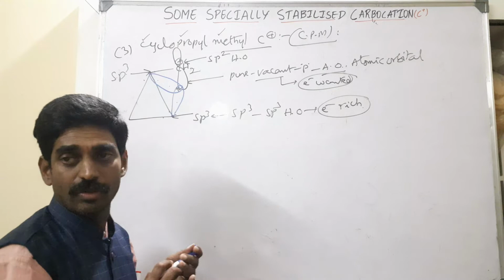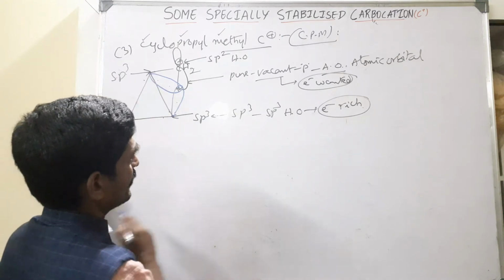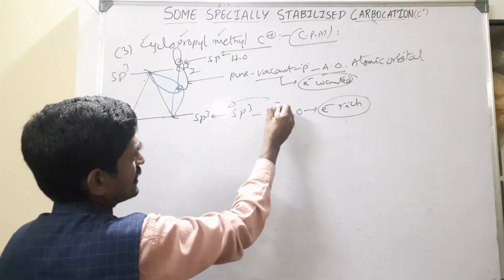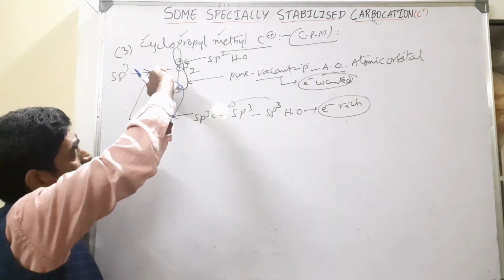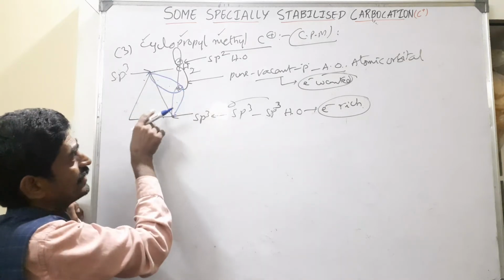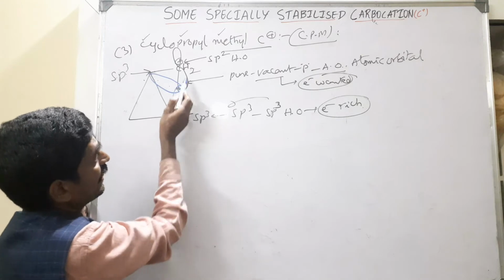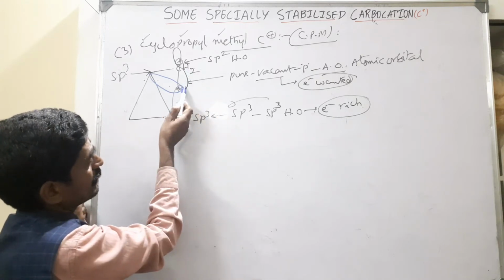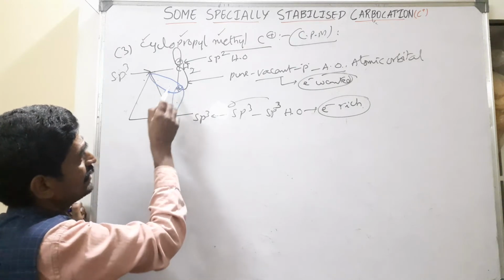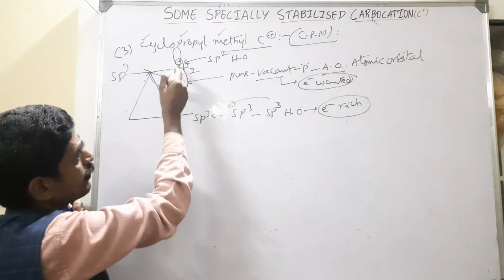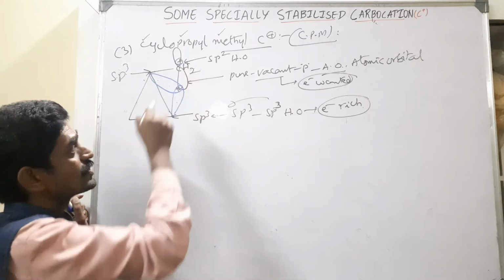This sigma sp3 bond bends, moves like this and reaches closer to the pure vacant orbital and overlaps with it. Then it is giving electrons, and the positive charge is partially fulfilled by these electrons. Then it is going to be stabilized, right?